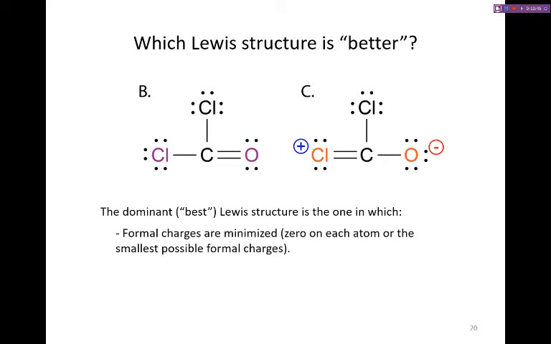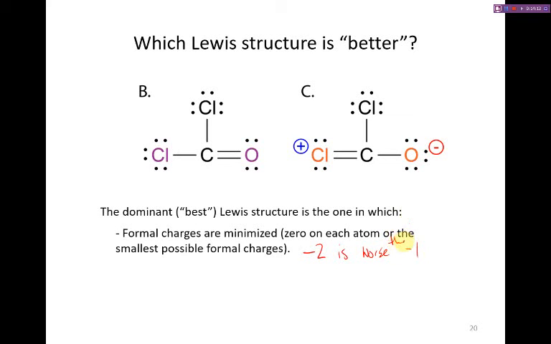We want to have the small, minimized formal charges. We want them to be as close to 0 as possible. And keeping in mind that essentially you can think of it as the absolute value. So in other words, a -2 is worse than -1.